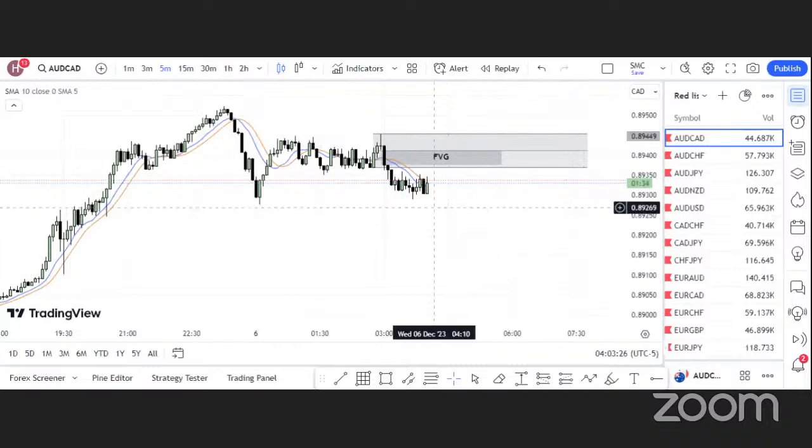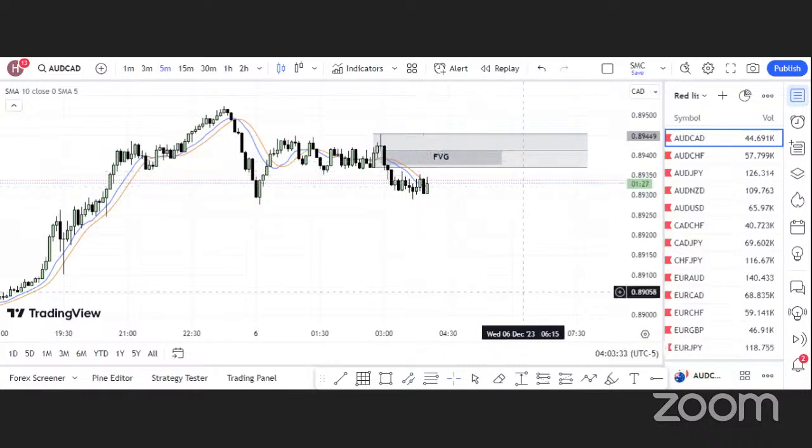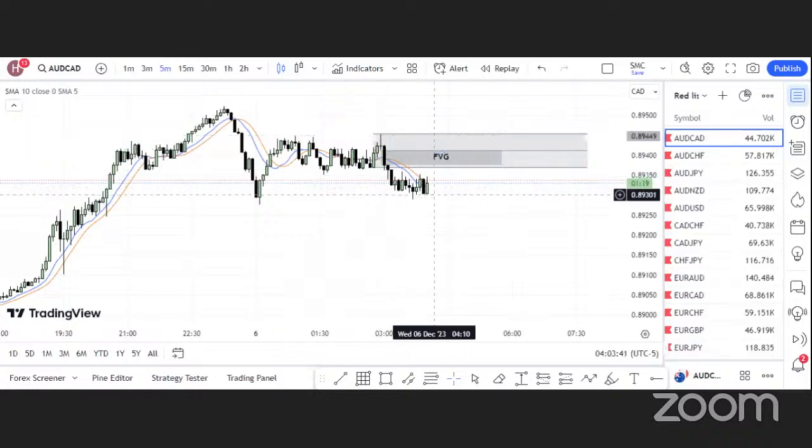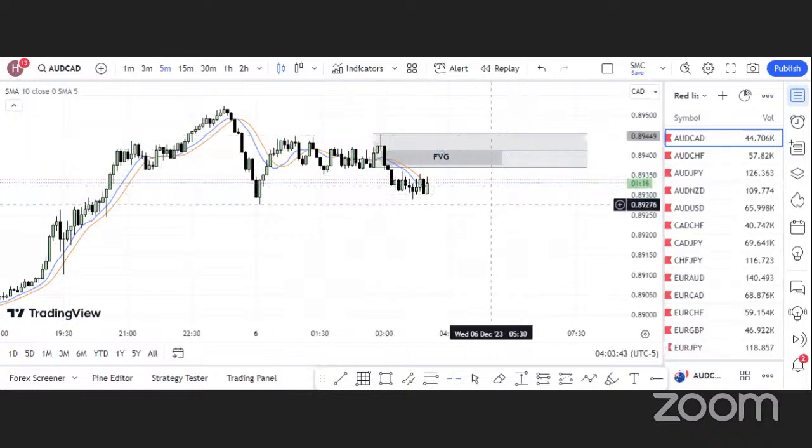And once this market comes back in here, we are going to take our entry down. We are going to take an entry to the downside and ride it to the downside.